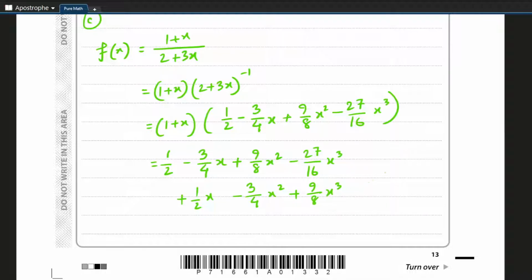The next term is x to the power 4. I'm not going to include that because we only have to go up to and including x cubed. Now if we simplify, then we have half minus 3 over 4x plus half x. So half minus 3 over 4 is minus 1 over 4x.